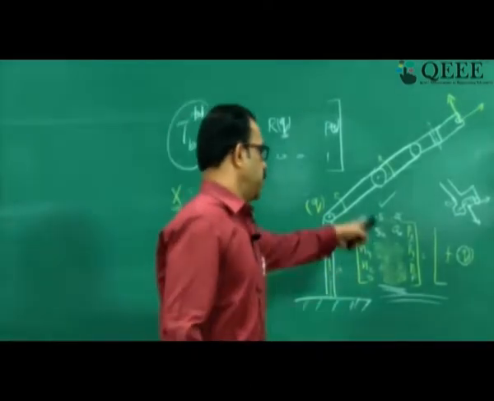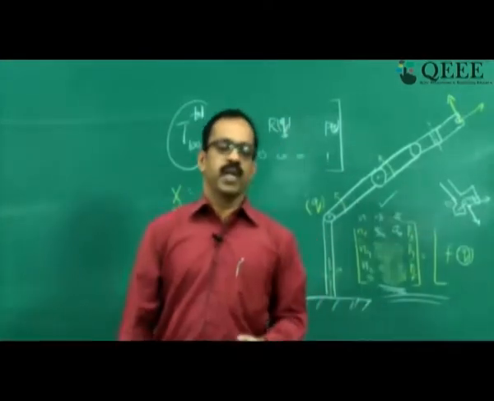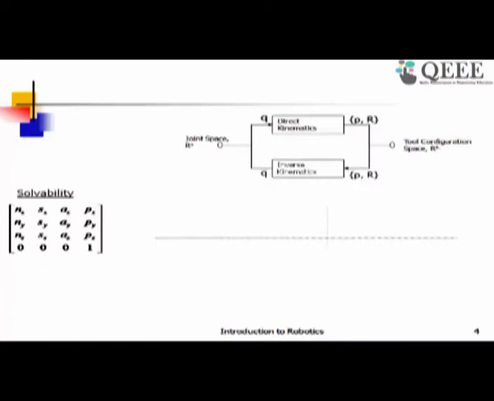To summarize these two: direct kinematics is the mapping from joint space to tool configuration space. So joint space Q to configuration space X is the direct kinematics problem, and the inverse is from the configuration space to the joint space.